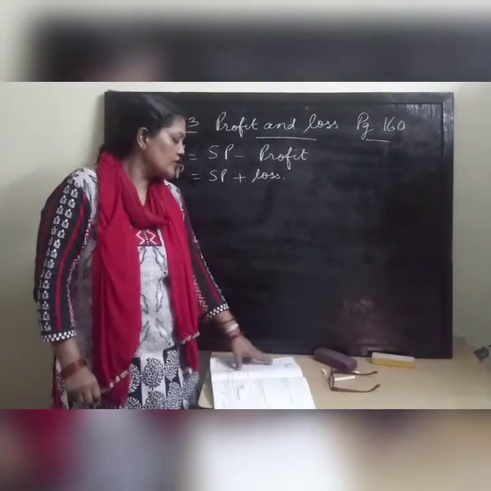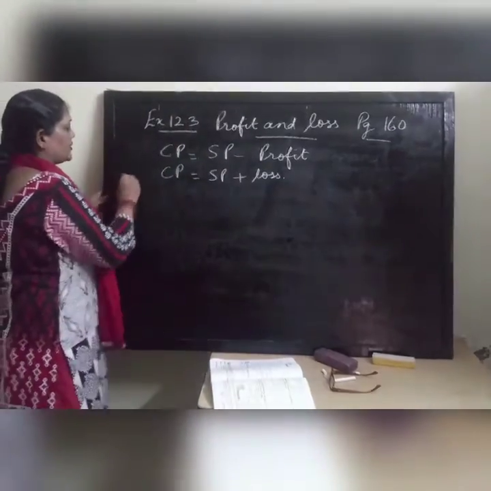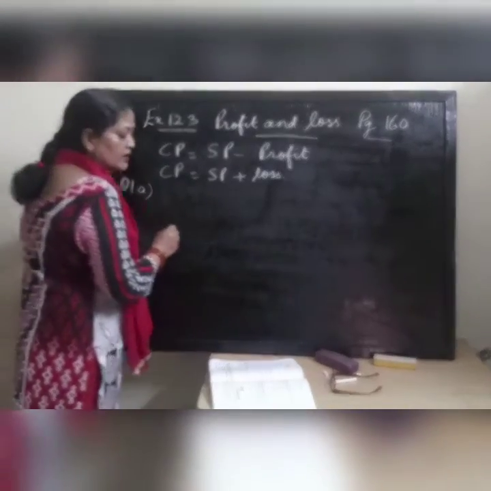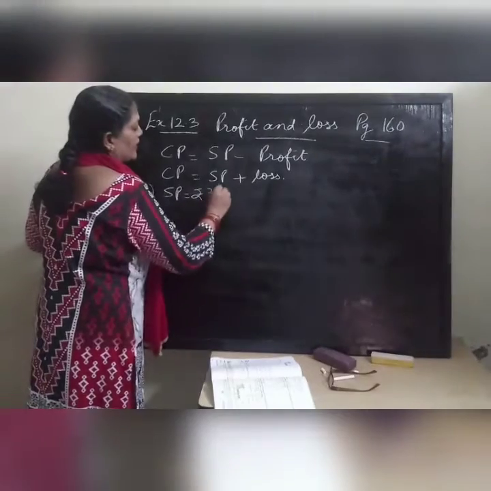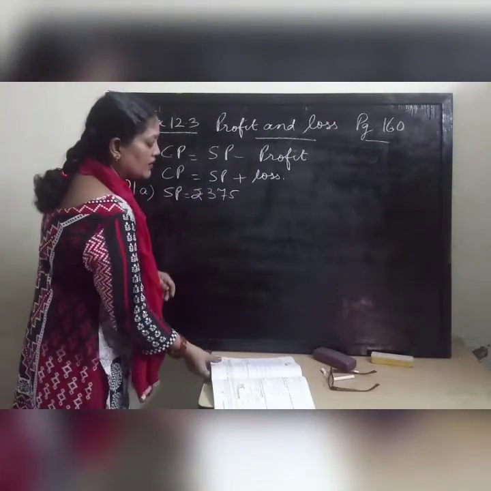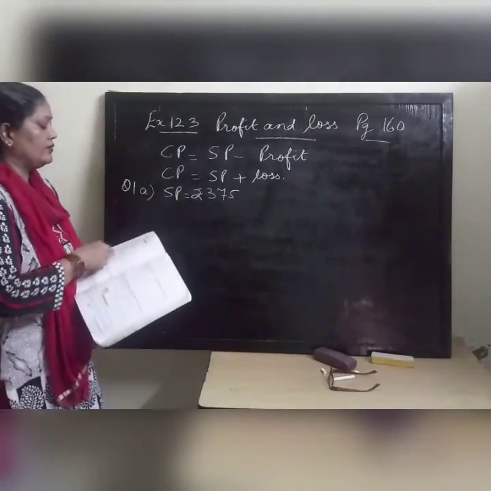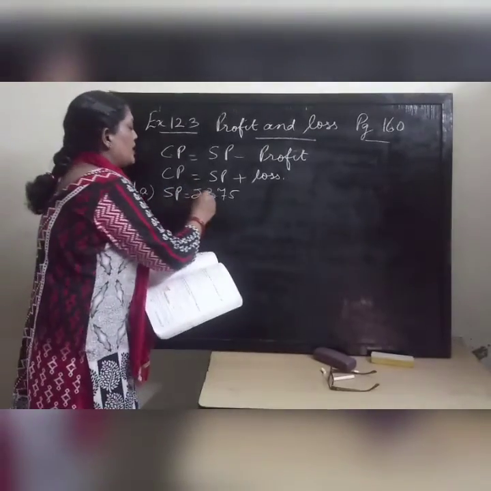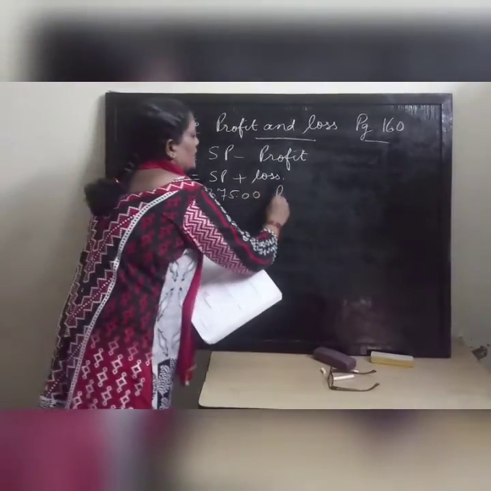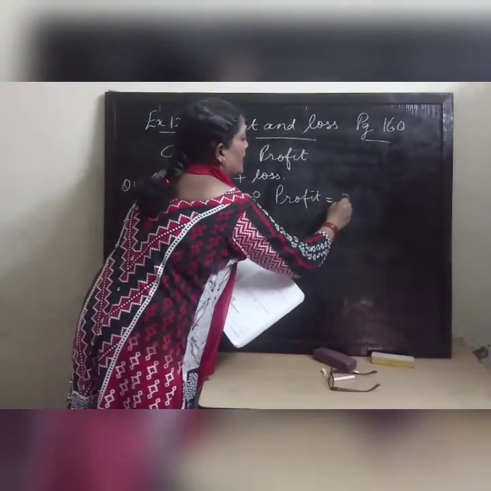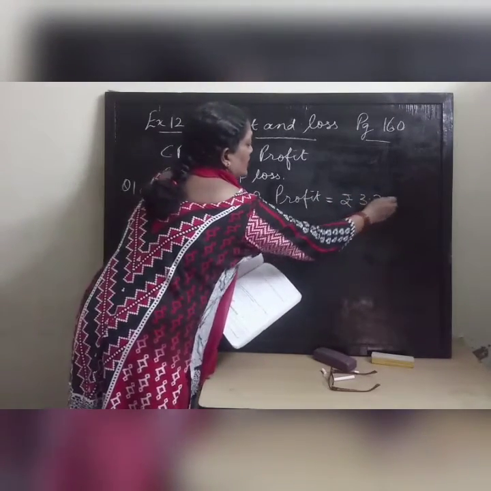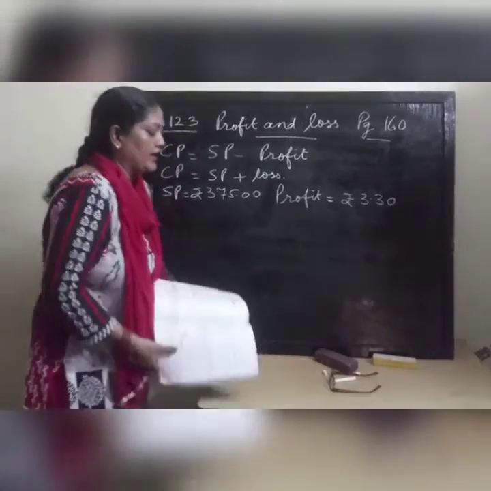See the first question. Find the cost price if selling price is given rupees 375. Then profit is given. How much is the profit given? Rupees 3.30, 3 rupees 30 paise.